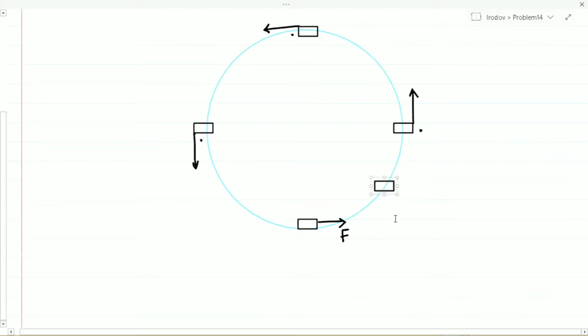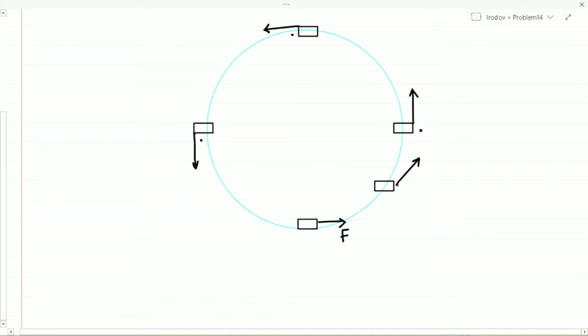Now, let us catch the particle somewhere here. The force acting on it is directed this way right now.